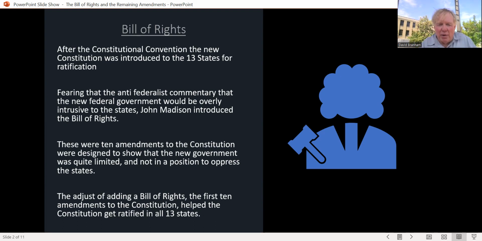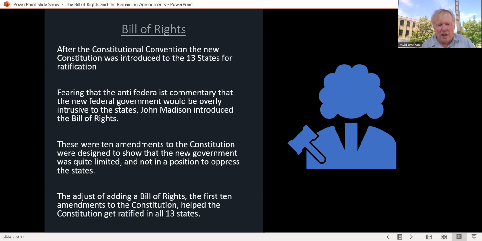He didn't think they were necessary because, as I said before, the Constitution outlines what we can do, not what we can't do. So he decided to give in just to make sure that this Constitution would go through, get ratified by the states, and that the anti-federalists would not win.